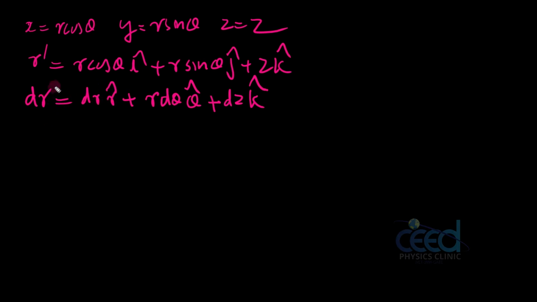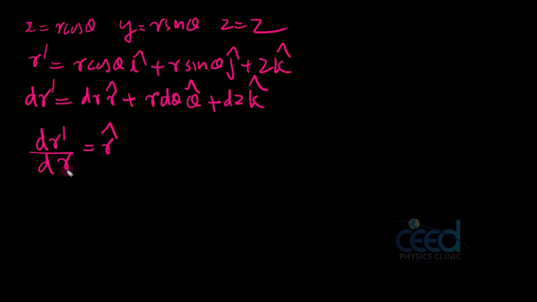Now from this equation you can clearly understand what r cap is. This is our r', the length element. So dr' divided by dr is equal to r cap. When you differentiate with respect to dr, only this term will exist. This part will be 1 and this r cap I can keep as a constant. With respect to dr, the theta component will be 0 and the z component will be 0.